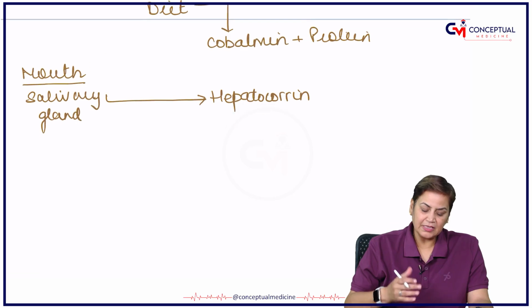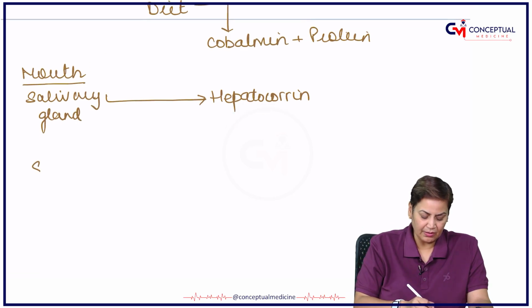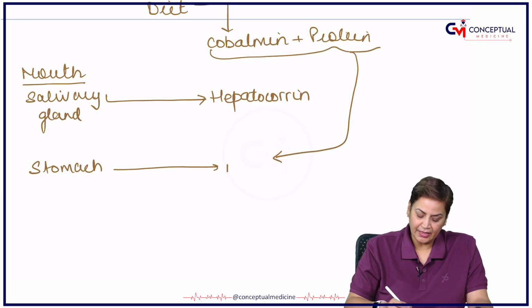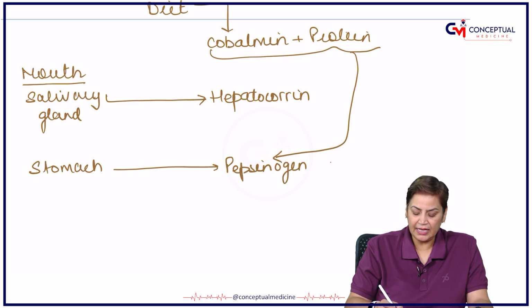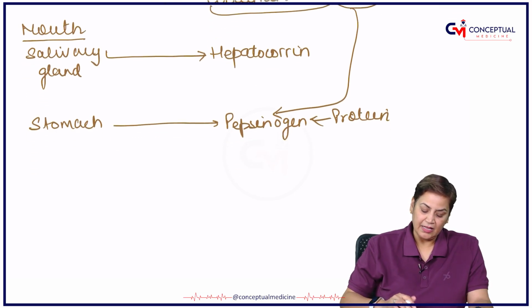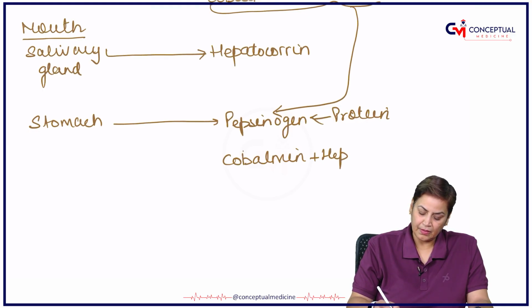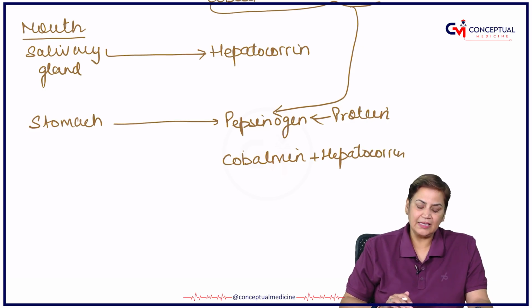So now what happens is, the moment when we are eating food, the moment it reaches the stomach, this protein part is taken over by pepsin, or you can say pepsinogen will take this protein component and then it will combine with haptocorrin.